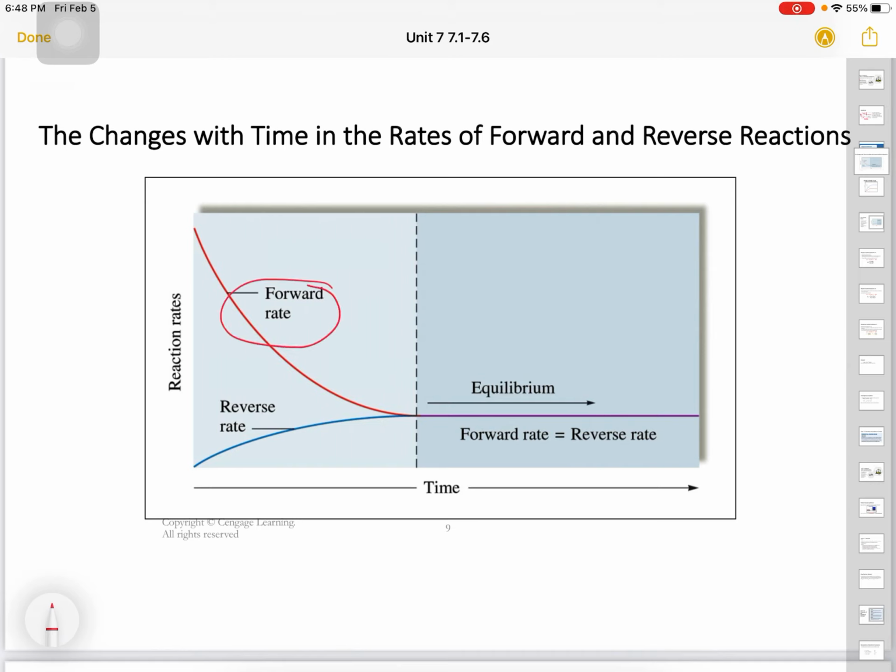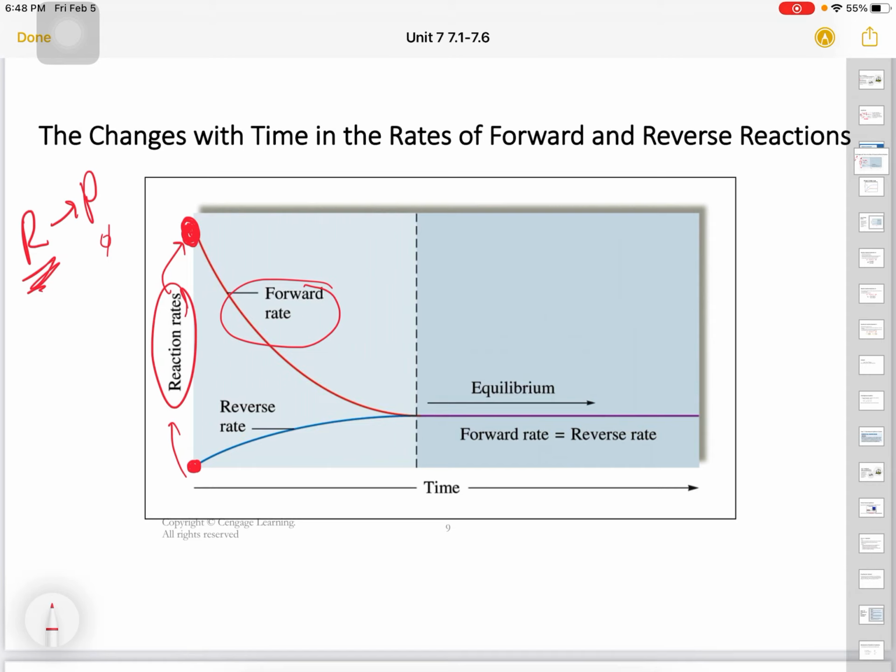So the rate of the forward reaction, and now it makes sense that if you're starting with a lot of reactant that you're trying to convert into product, the initial rate of the forward reaction would be very high because you just have reactants in your system. And the initial rate of the reverse reaction would be 0 because we don't have any products yet.